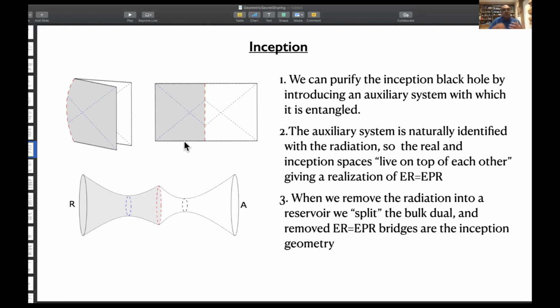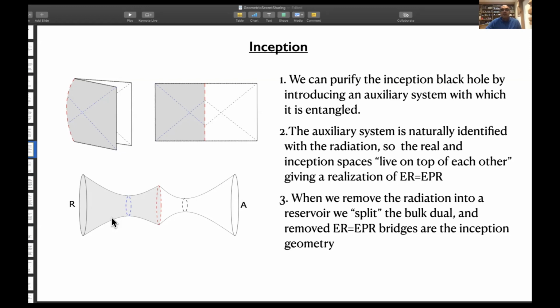You might interpret this as saying we removed all the ER equals EPR bridges between the EOW brane and the radiation and put them on the left-hand side instead, into the inception geometry. So it's like taking the ER equals EPR bridges and putting them in the other direction so they're easier to see. That could be a way to imagine what it is that we are trying to do here.